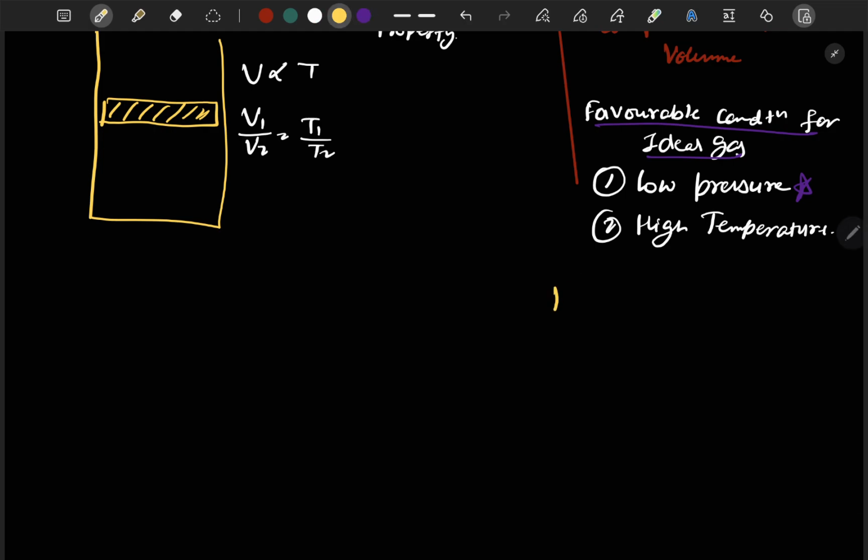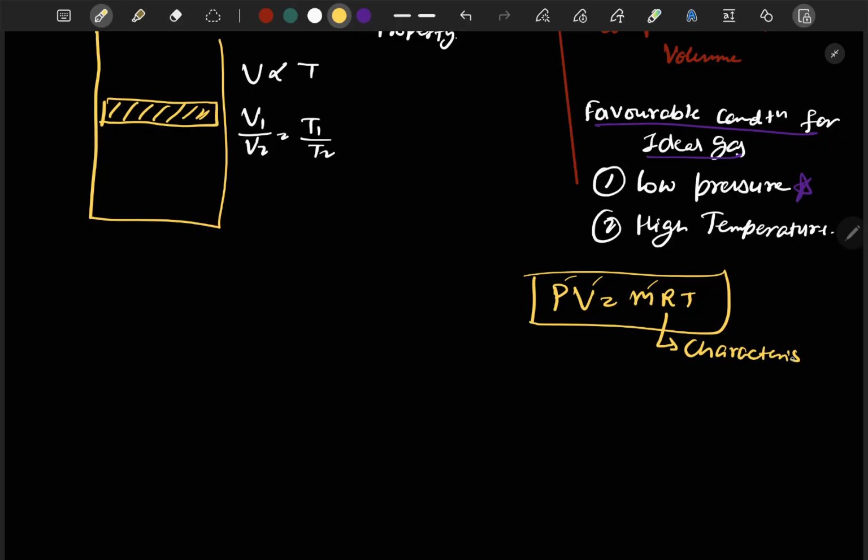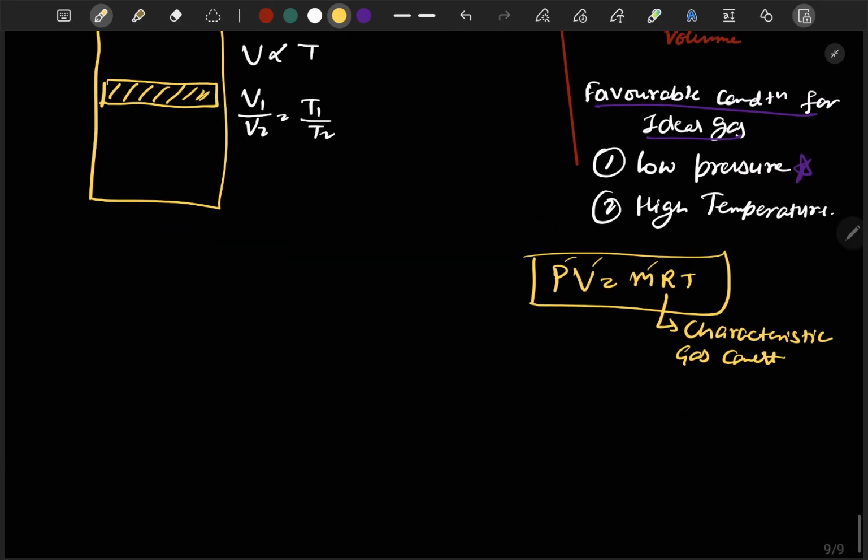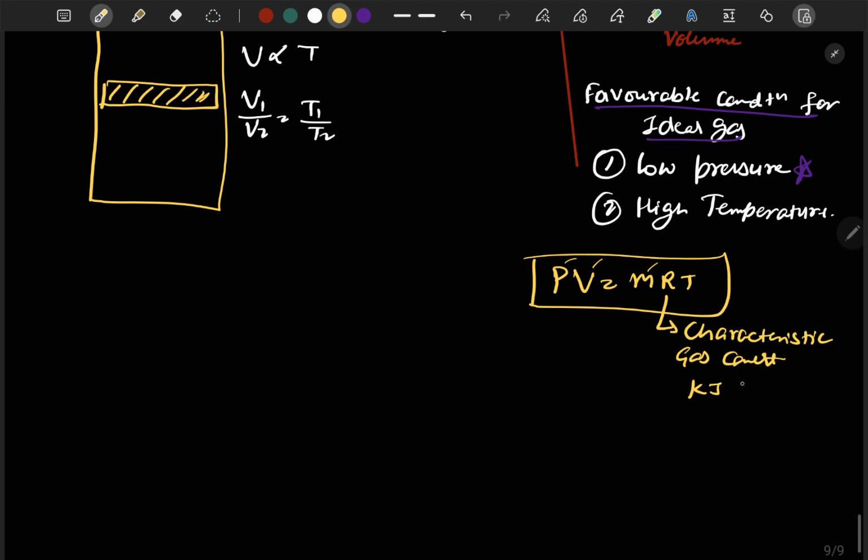The ideal gas equation, the most famous equation, is PV = mRT. Pressure, volume, mass, and R is the characteristic gas constant, and its unit is kilojoule per kg Kelvin.